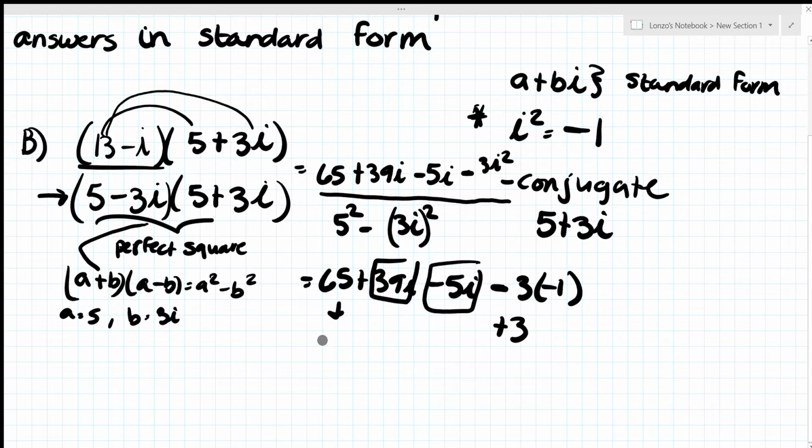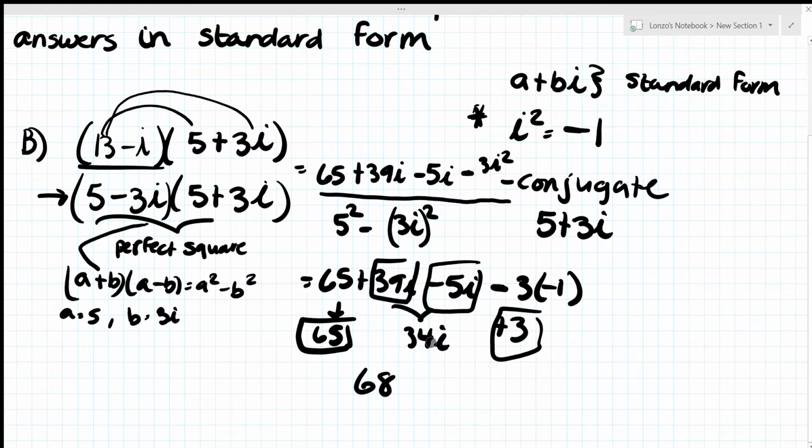Bring down the 65. 39i minus 5i is 34i. Let's collect our whole numbers. 65 and 3 is 68. So this becomes 68, and then we're just left with 34i.